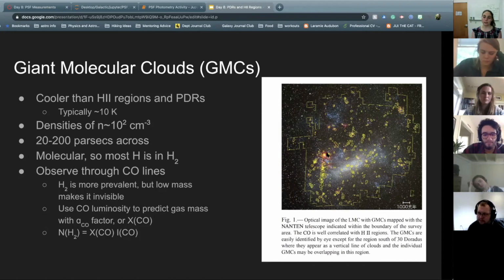So this might be an artifact of having a really, really bright spot here. Because CO transitions are longer wavelengths, it's hard to get nice resolution. You're often getting CO maps from ALMA, so millimeter wavelengths, which means our resolution is not going to always be great.